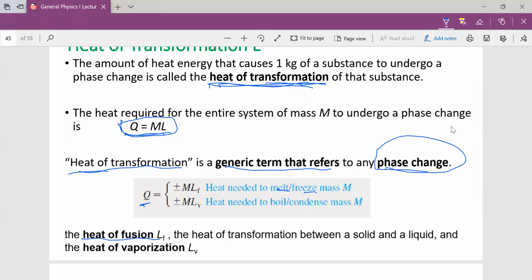So it is plus or minus, because it's either cooling or increasing in temperature. The plus or minus mL_F represents the fusion, and we use V to represent the heat of vaporization, when it's going from boiling. Phase change is about boiling or condensation. So we see these 2 pairs, melting, freezing, boiling, condensation, for different masses of substance.